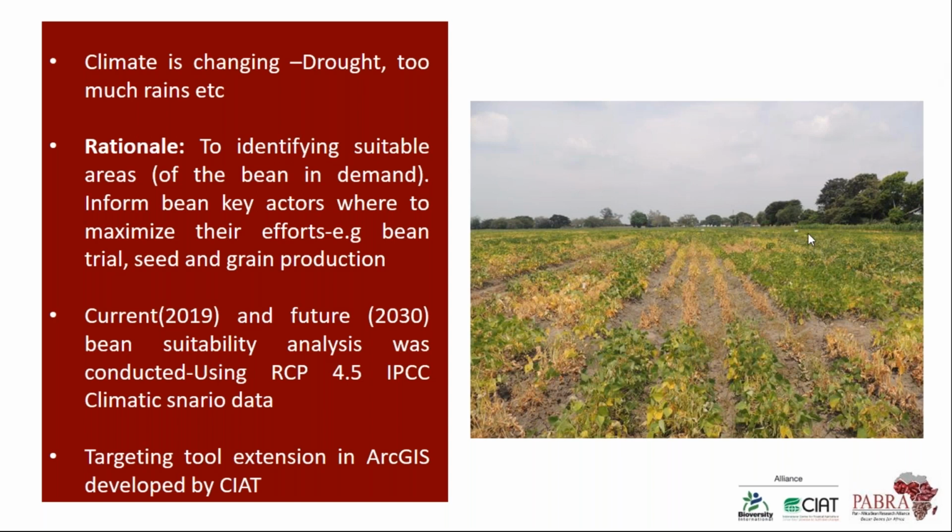We used the targeting tool extension in ArcGIS. Unfortunately, I didn't use the online version, so this experience I'm sharing is from the desktop, but it works much like the online one, which I have tried briefly. Next.